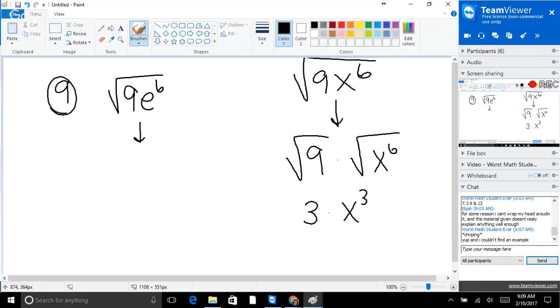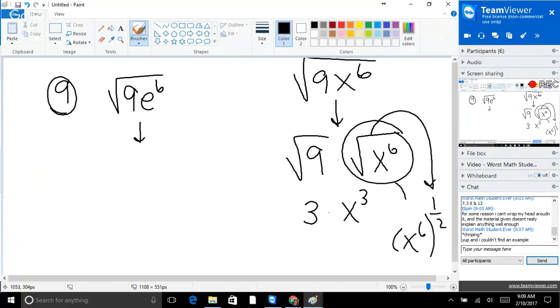Now, if you can't quite remember how this would work out, we could also write this as x to the 6th to the 1/2 power, because square roots can be written as 1/2. And then if you multiply 6 times 1/2, you get 3. All right, so it's 3x cubed. Then we're going to do the same thing over here.